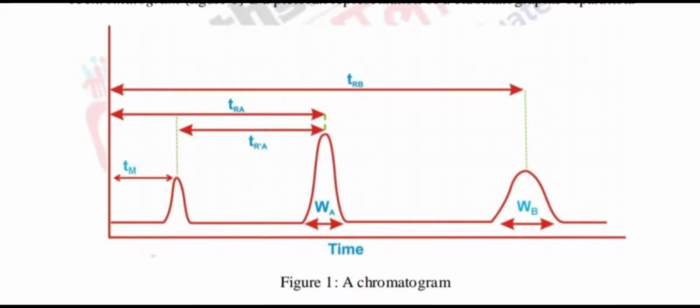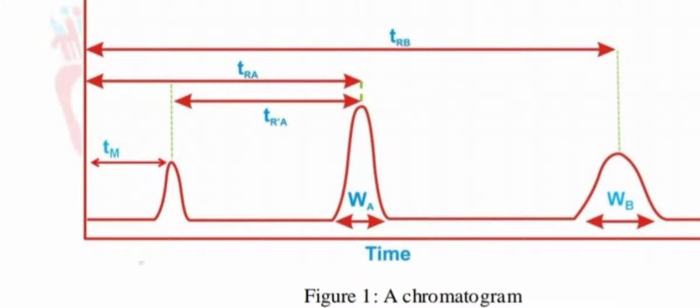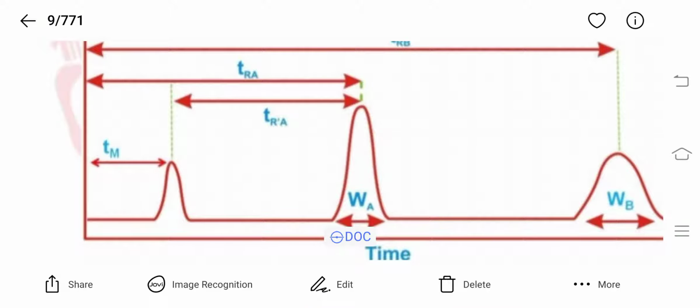Initial TM is the initial time taken by the irrigating inert chemical, or the mobile phase, to reach the first peak.